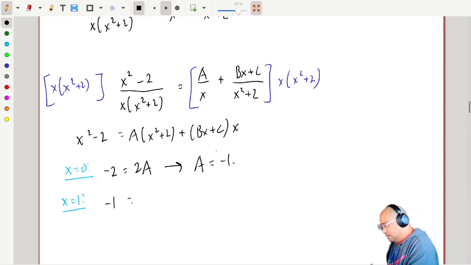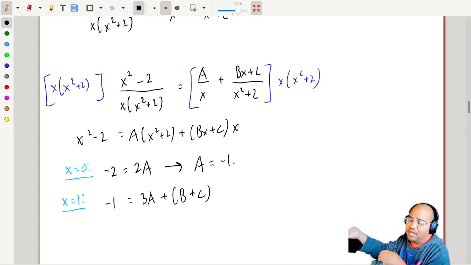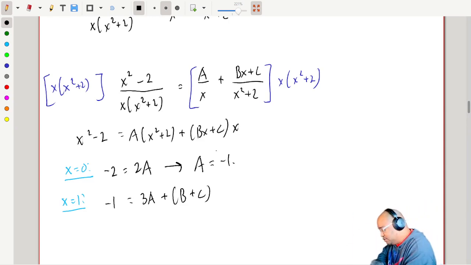And on the right, let's write out everything here. 1 squared is 1, plus 2 is 3, so 3a. And then I have a plus b plus c, times 1, because we have a positive 1 there. Let's just write that down.